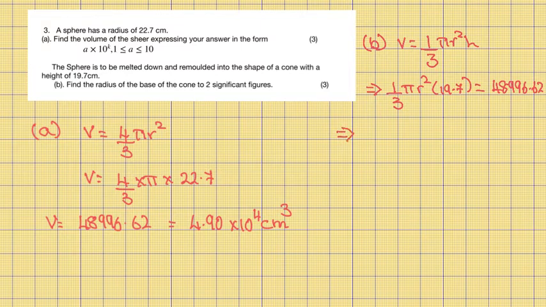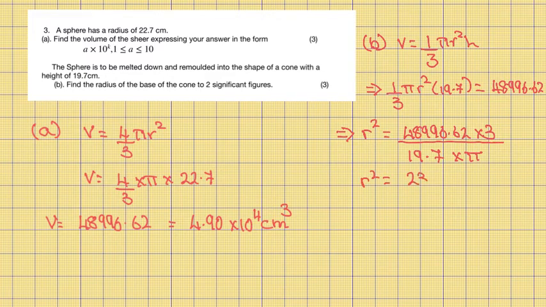Therefore, r squared is equal to 48996.62 times 3, all divided by 19.7 times pi. So r squared is equal to 2375.041906.